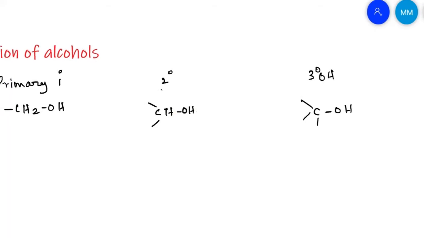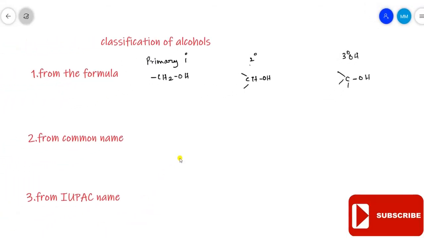And from the common name, the primary alcohol prefix is normal and iso. Iso is only exceptional for isopropyl, which is secondary. Other normal and iso alcohols are primary.